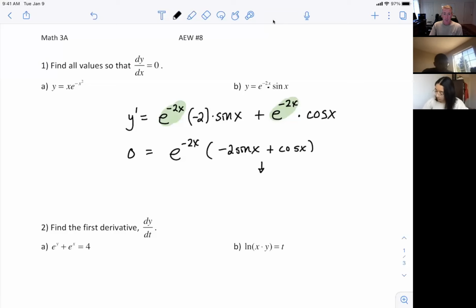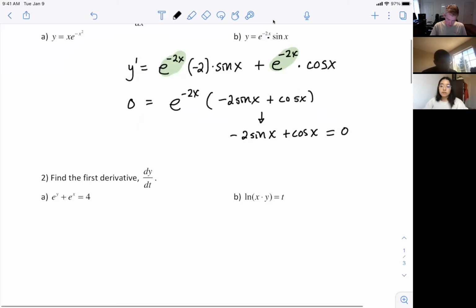And then set each factor equal to 0, although the e function will never equal 0, so that's not going to give us any solutions, but negative 2 sine x plus cosine x, that could equal 0. So I could add the 2 sine x to both sides, and then I would say cosine of x equals a positive 2 sine of x.